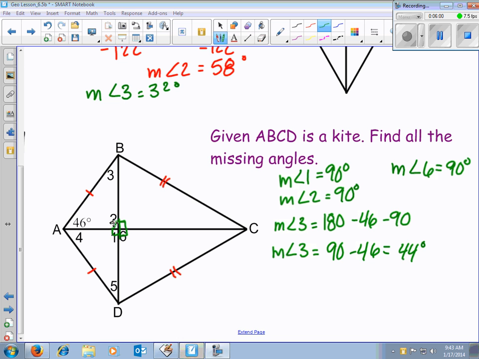Now, my measure of angle 4 is going to be the same as my angle that's 46 degrees. So I have the measure of angle 4 is equal to 46 degrees. And if this is 90 and 46, then angle 5 is going to be the same as angle 3. And the measure of angle 3 is equal to 44 degrees.